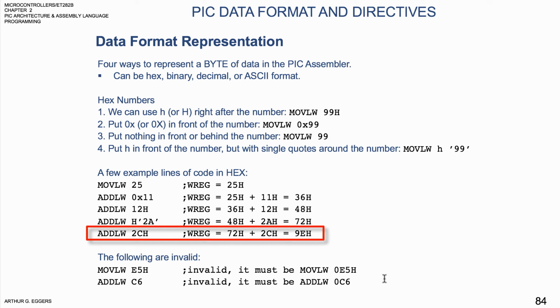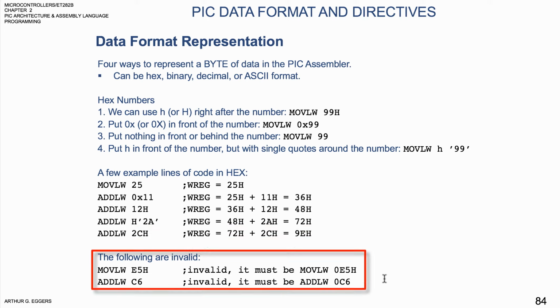Okay, notice that the following are invalid. Move LW E5H is invalid because it must have a move LW 0E5H. Add LW C6 is again invalid because it must have the leading 0 on C6 as well.